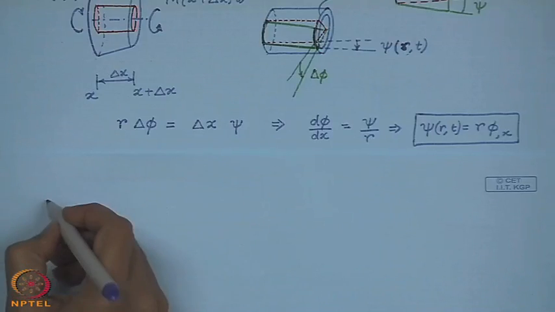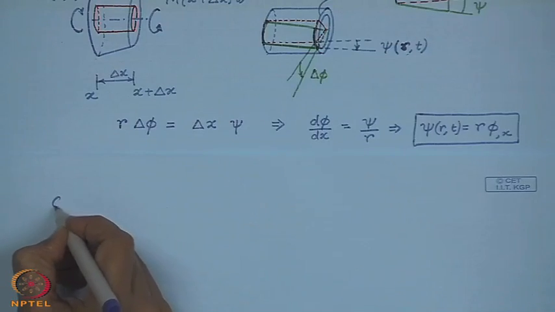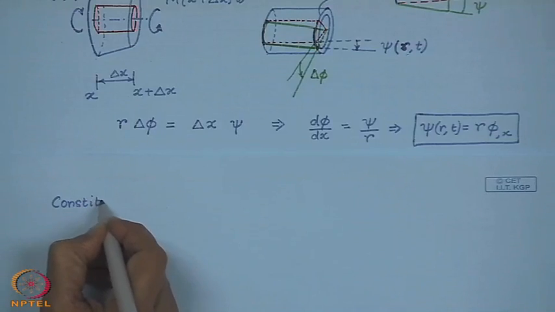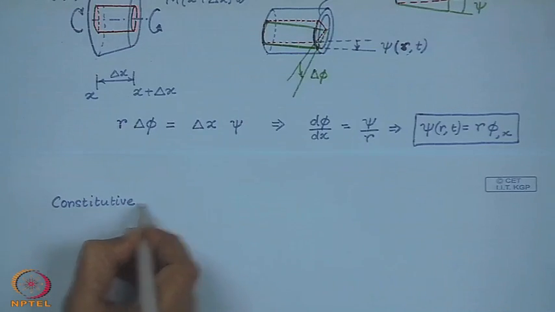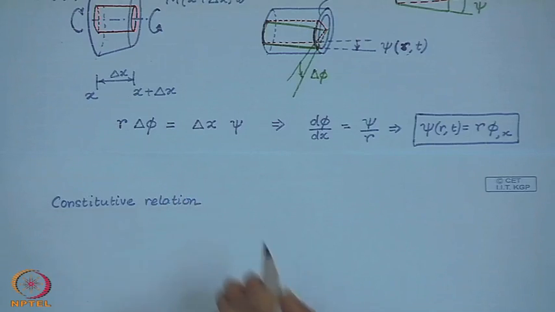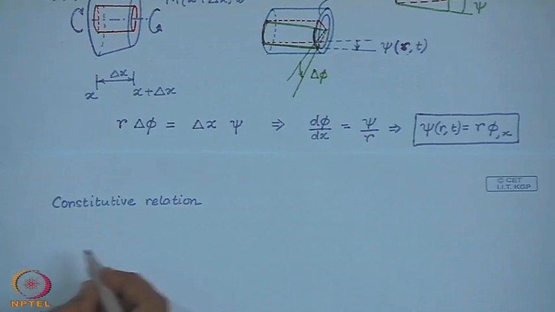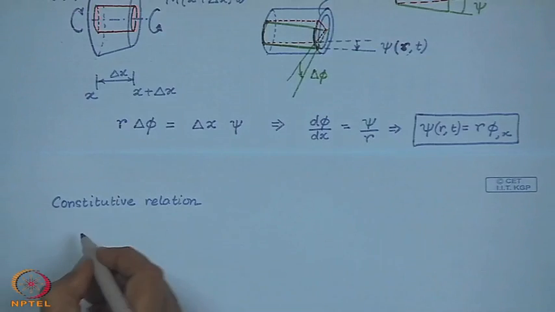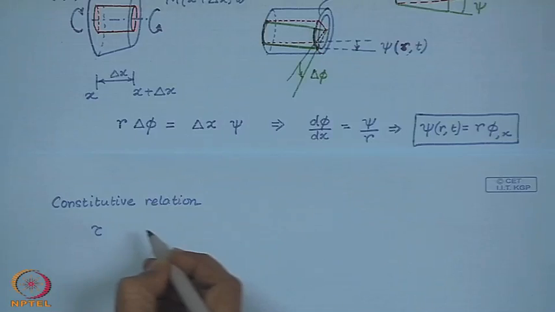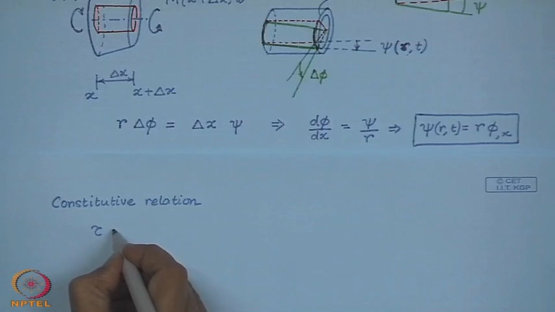So, let us look at the constitutive relation of the material. We know from Hooke's law that the shear stress is proportional to the shear strain.